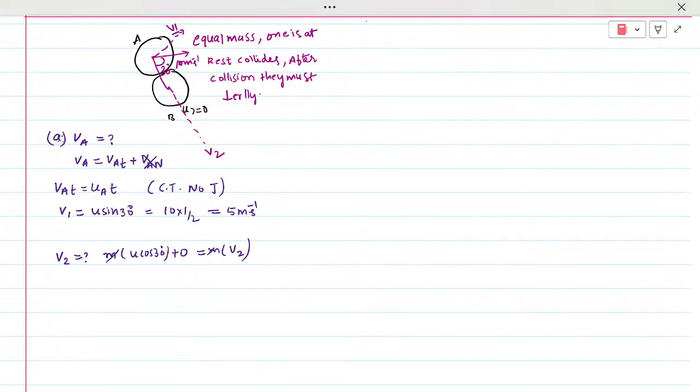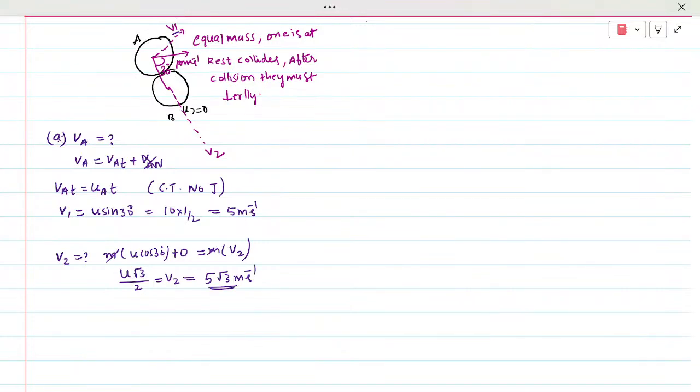The m gets cancelled. So u into root 3 by 2 is equal to v2. U is 10, as given. Therefore 5 root 3 meters per second.